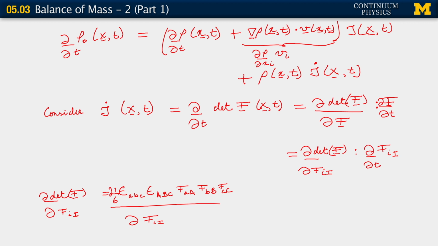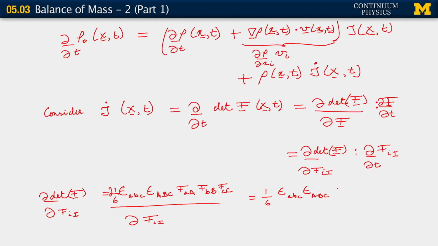Those are components of F in this derivative, and we know that when we take this derivative, we essentially get our Kronecker delta. Okay? So this is 1/6 epsilon little a b c, epsilon capital A B C.